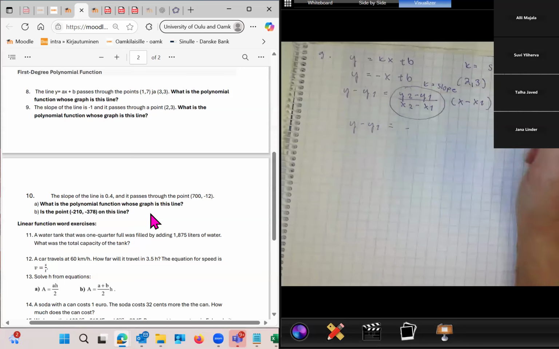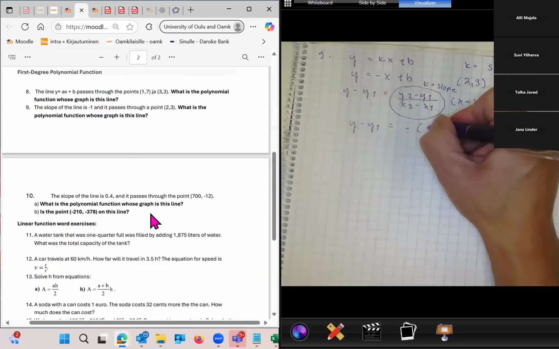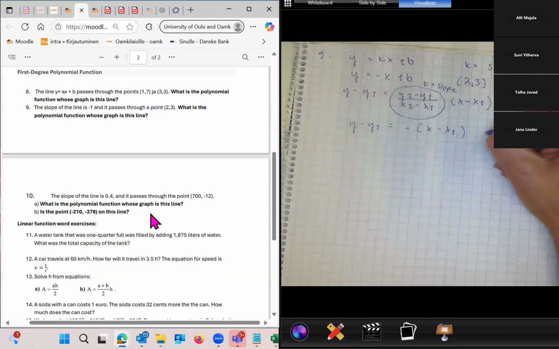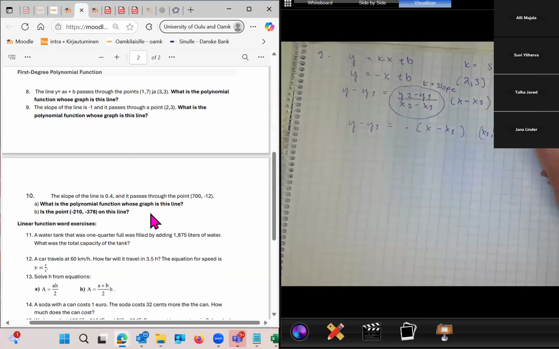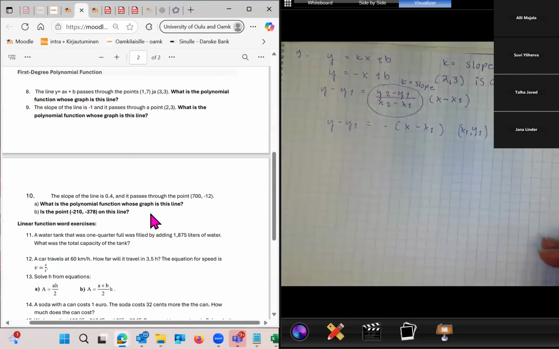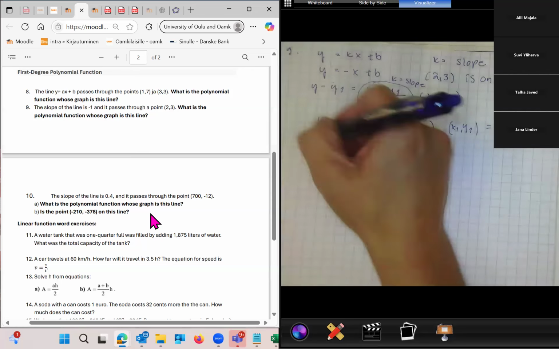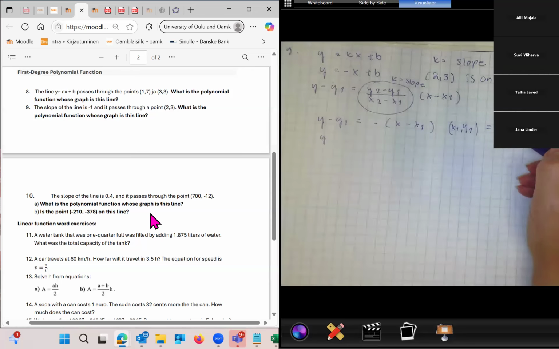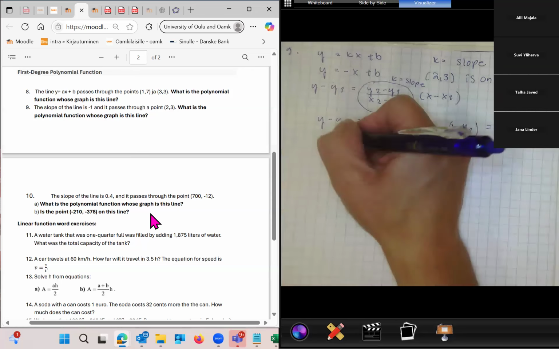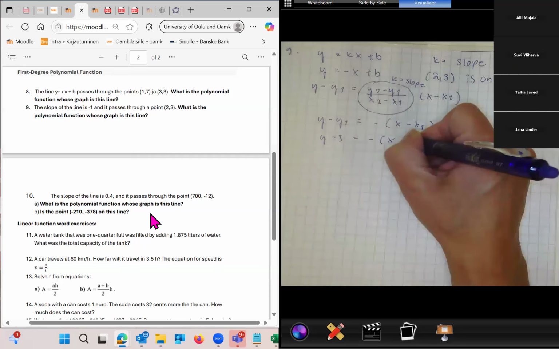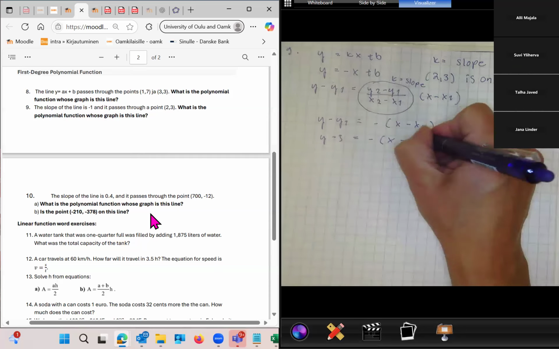And here is the x minus x1. And my x1, y1 is the 2, 3. And I can just put it there. So this is always the y, this is always the x, 3, and there the minus, and x minus 2.